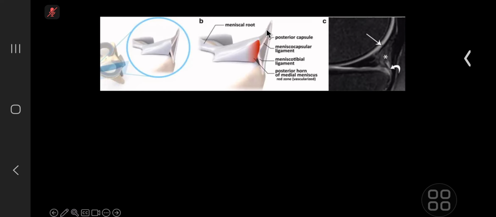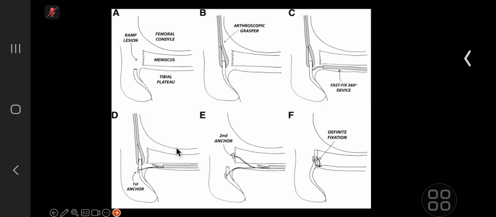When you have a disjunction here, running all the way up, you need to pull this up the menisci and then put a small stitch here, and then you have to attach this along the capsular junction. That's the procedure the orthopedic surgeons usually do.